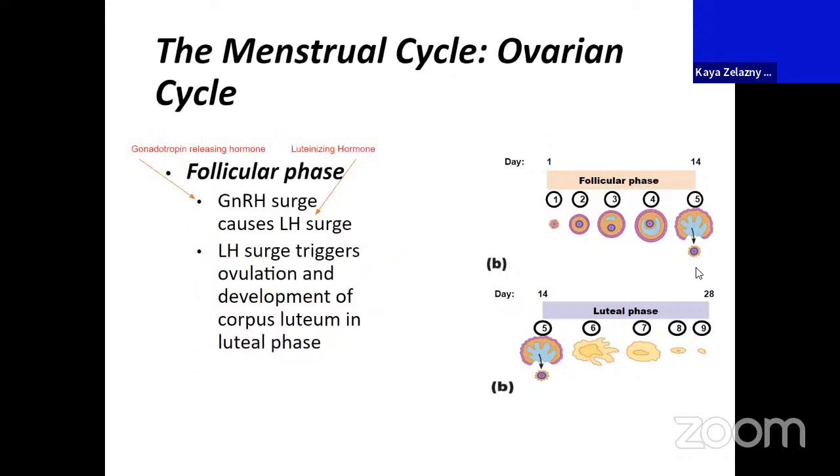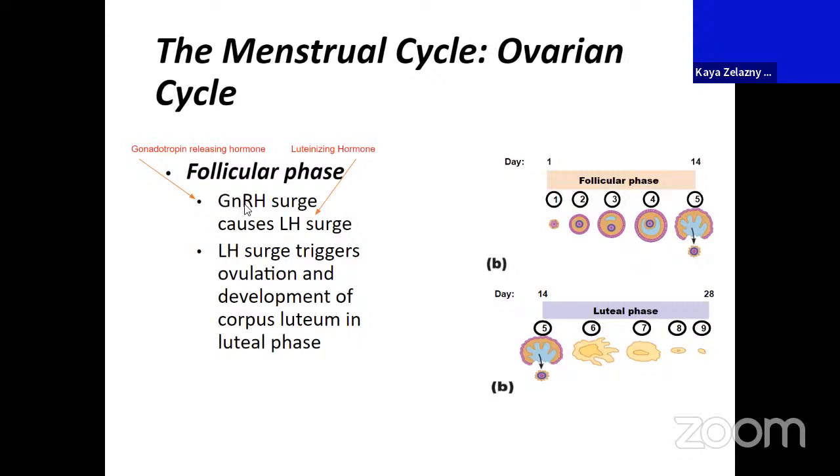Okay. So for those hormones that are triggering ovulation, we want to think about a complicated interplay of hormones, unfortunately. The first thing that we will see happening is a spike in something called gonadotropin releasing hormone, so GnRH.